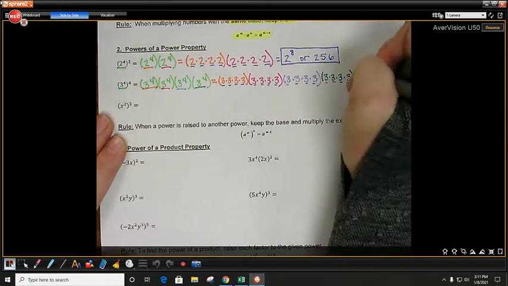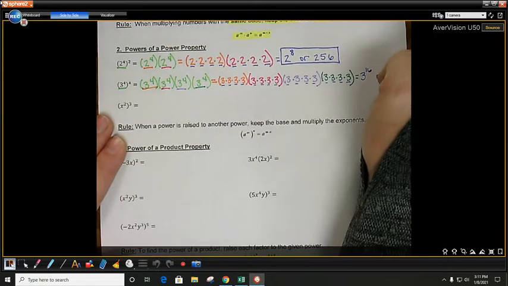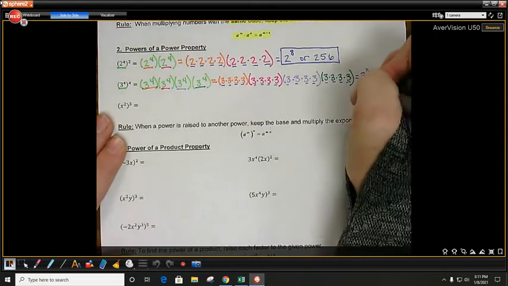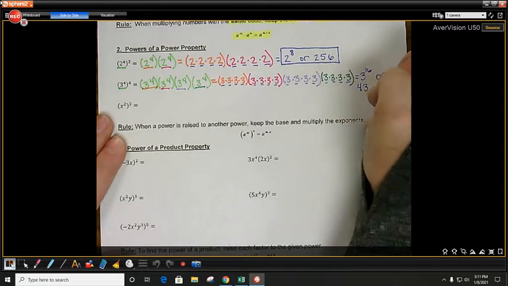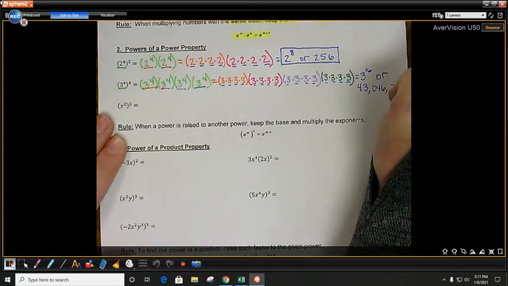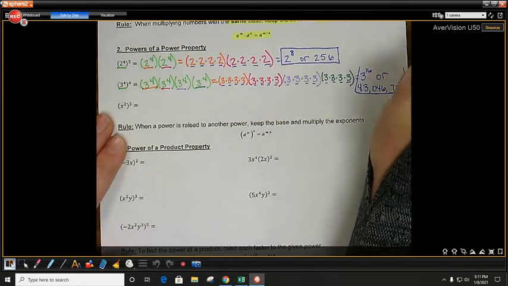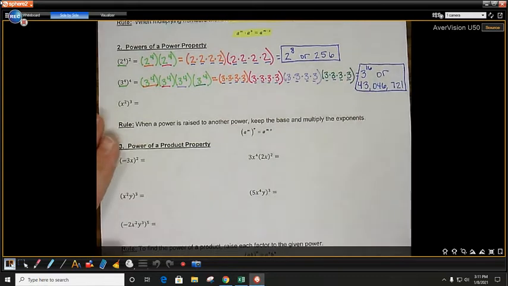That's a lot of threes. So this is 3 to the 16th power, or 43,046,721. Wouldn't expect you to know that off the top of your head. You could type that in the calculator and see that those are equivalent to each other.